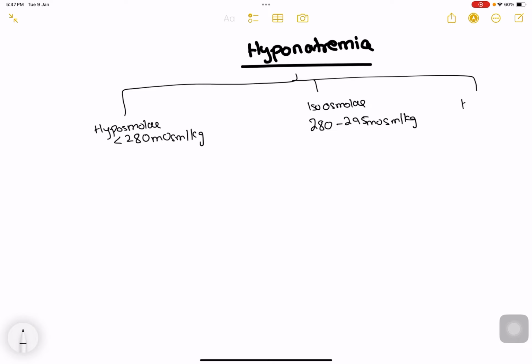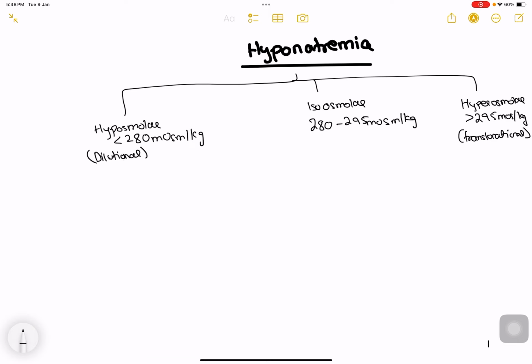And then there is another one, which is the hyperosmolar condition, where osmolarity is more than 295 milliosmoles per kg. Hyperosmolar is also known as translocational condition. And hypoosmolar likewise is also known as dilutional.